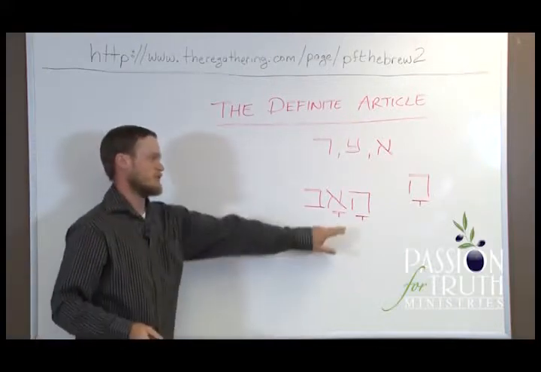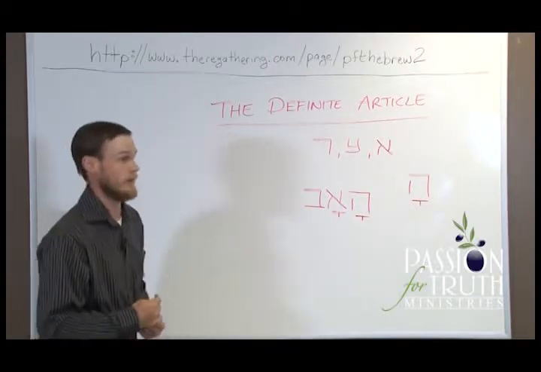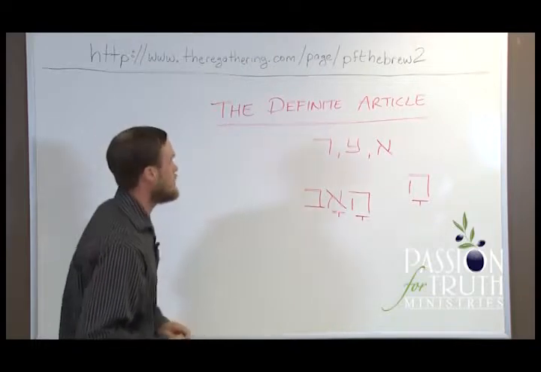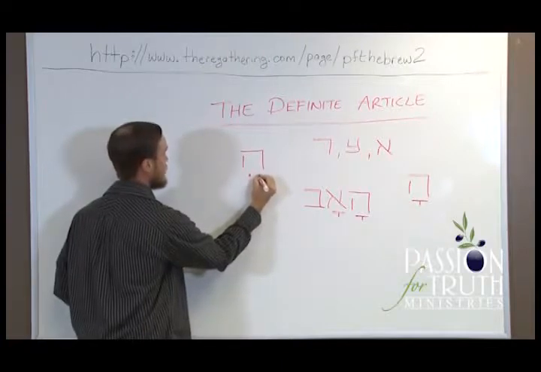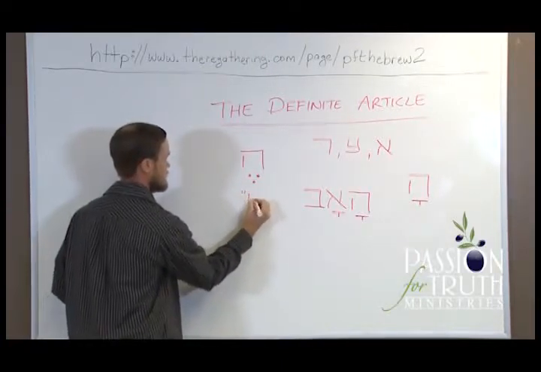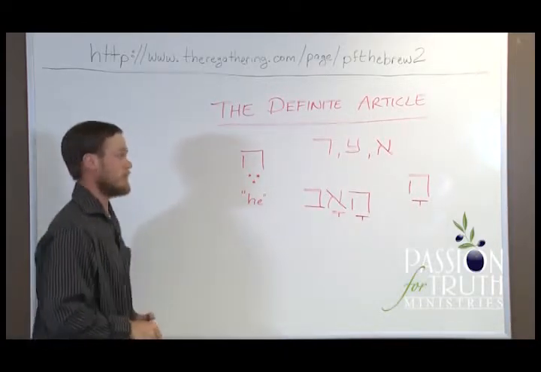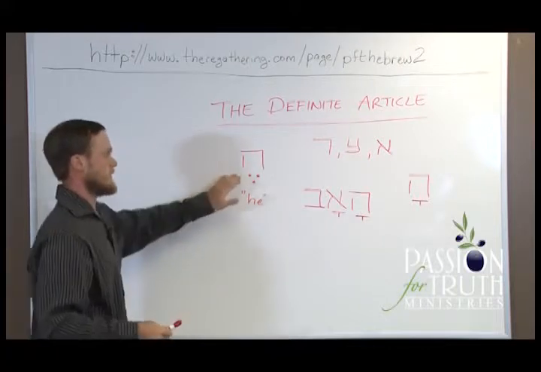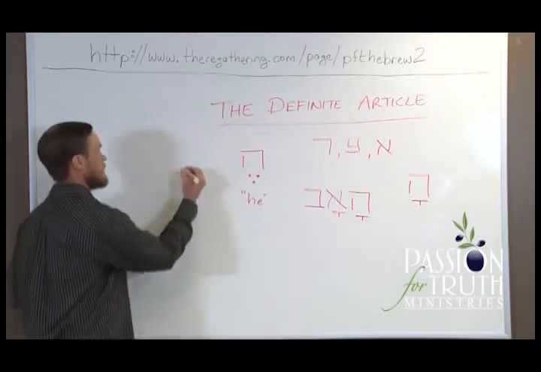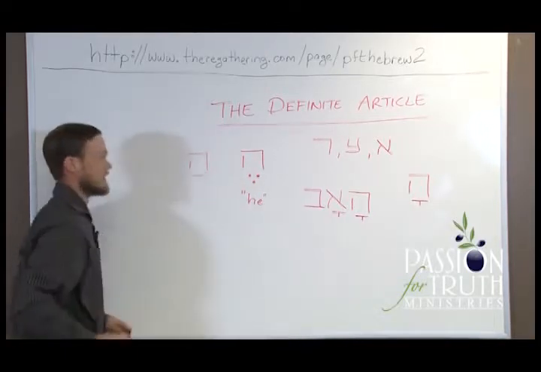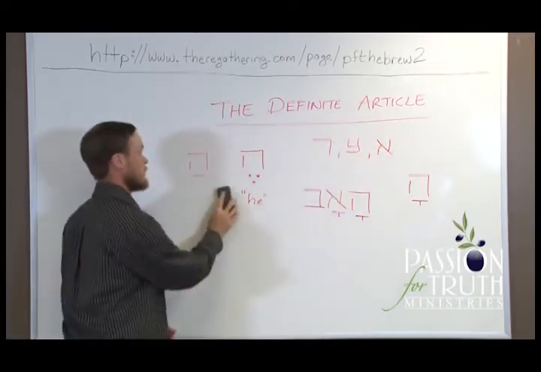There are two other instances in which this vowel will change, but they are more complicated and involve concepts that I have not gone over yet, so I'm going to exclude them for now. Be it known, though, that you will sometimes see the definite article taking a segol vowel. I will go over those instances later. But it is much more rare. The most common instance will be the patach, because you only see the kametz in the case of these three letters starting the word.